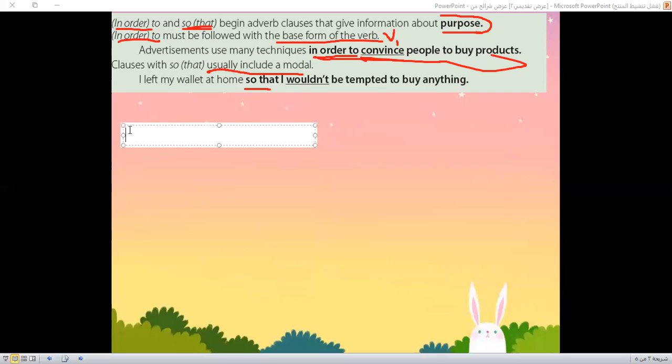طيب, let's write two examples here, ثالث. One with in order to, and the other one with so that. Do you have an example? Let's start with in order to. You can start with in order to. Think.